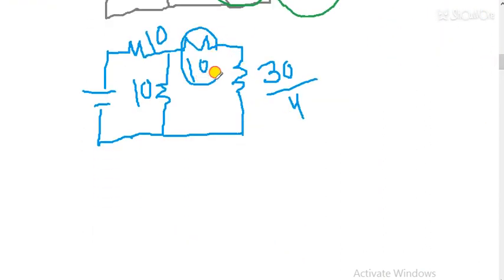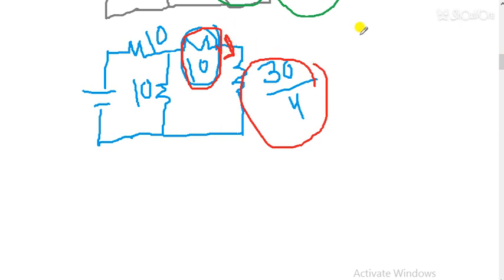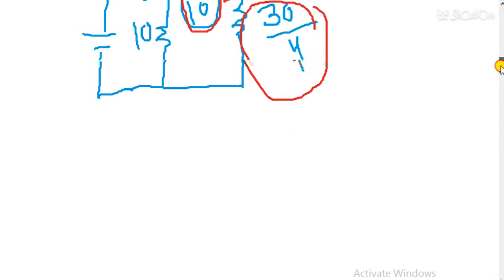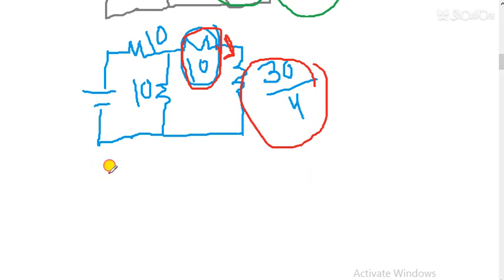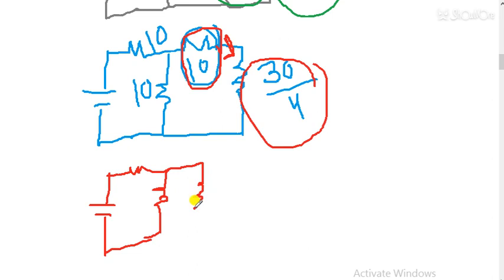Now, let me change the color. This 10 and this 30 by 4 are in series because the same current will flow through them. Current will not get divided. So that means I will get another circuit that contains one 10 ohm resistance, the starting resistance, then one 10 ohm here, and then 10 and 30 by 4 are in series, so it will give me 40 plus 30 by 4, so 70 by 4.